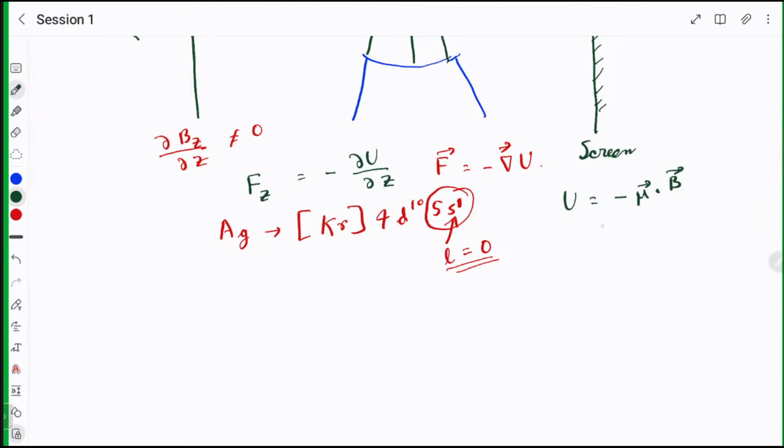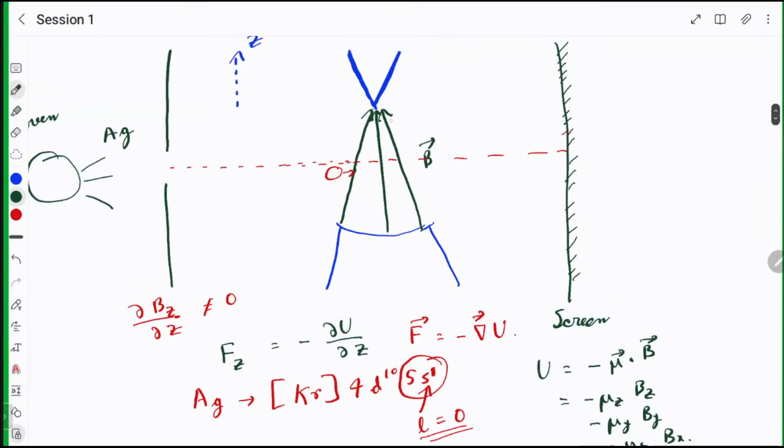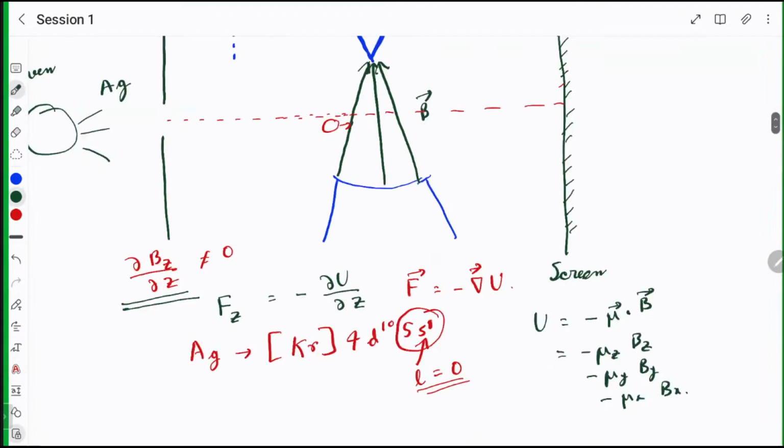In our specific case, it would be something like mu z Bz plus mu y By plus mu x Bx. Now, since the inhomogeneity of the magnetic field was along only the z direction, we had del Bz del z non-zero.